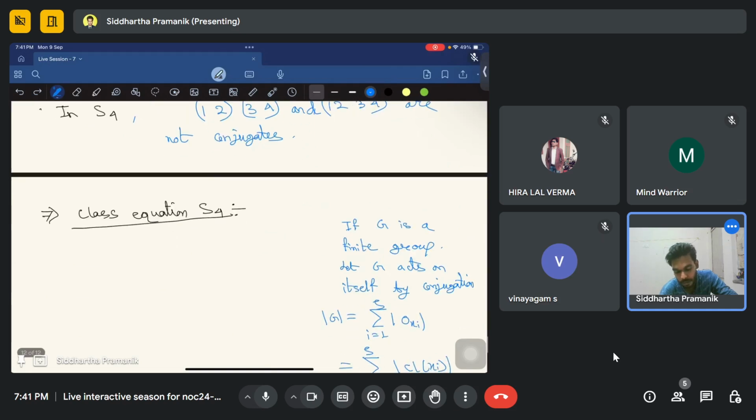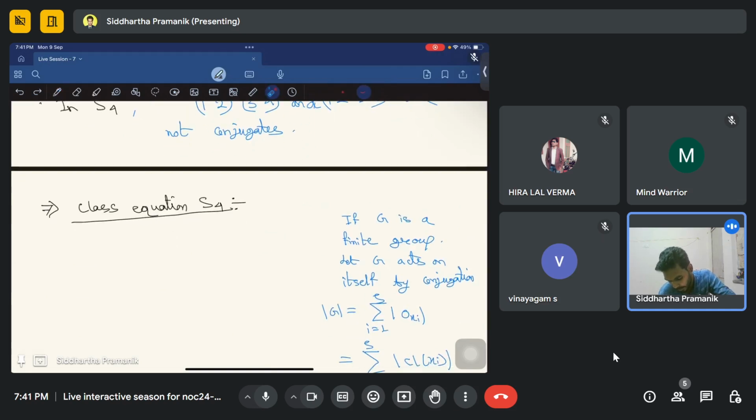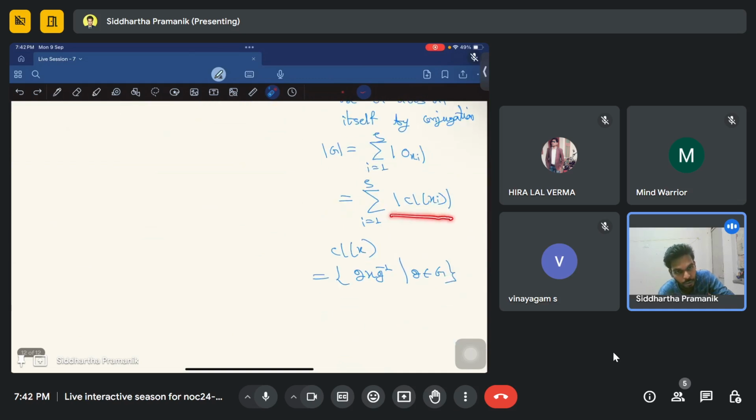To determine the class equation of S4, we need to determine the cardinalities of the different conjugacy classes.